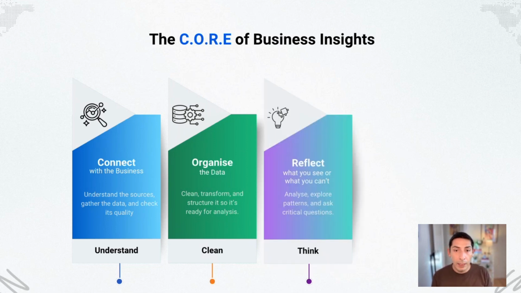All right. And the third step is to reflect on what we have discovered. So we understood the business, we organized the data, and we connected to different types of data. And now it's time to have all this information in front of us and start to reflect on which kinds of things we will be able to answer for the business.